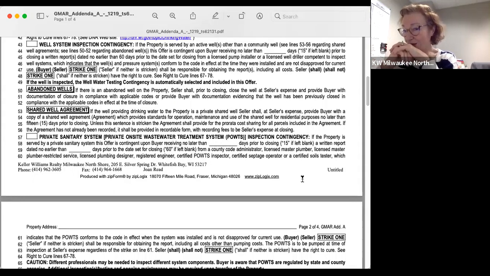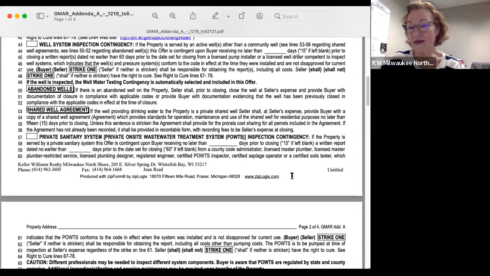This is an important section. If you're going to leave it in, there are going to be requirements that you're going to have to do for your buyer about that agreement for a shared well. Now, a shared well can be in a subdivision, and if that's the case, all that has been taken care of. It's part of the declaration bylaws of a subdivision.